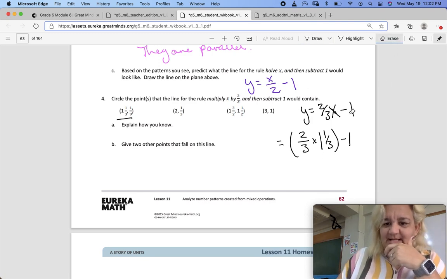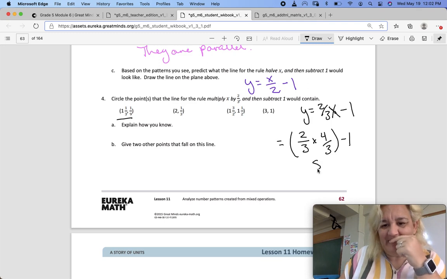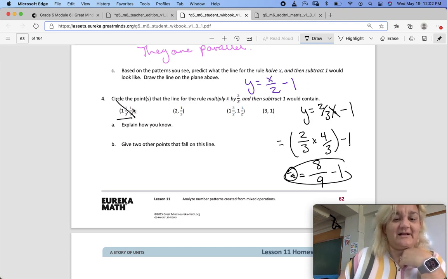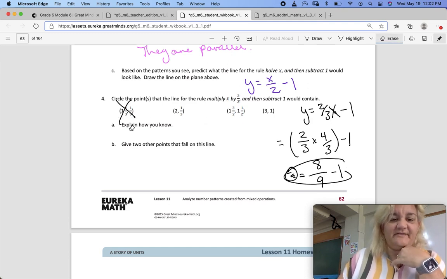I'm going to make this 4/3, which equals 8/9 minus 1. Does that even work? Because this is smaller than a whole number, isn't it? This is going to give us a negative number. Now we're not doing negative numbers because in 5th grade we don't do negative numbers yet, so this one is not going to work. I can tell already. I don't even have to go any further than that.